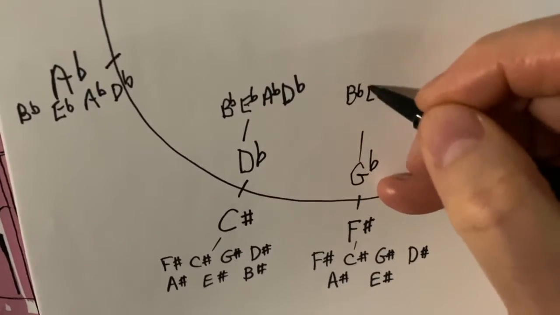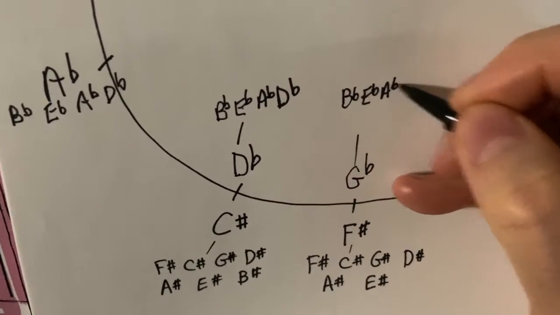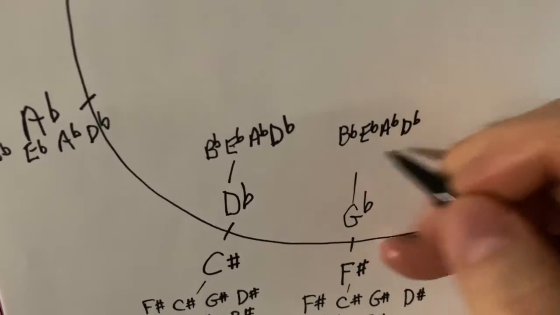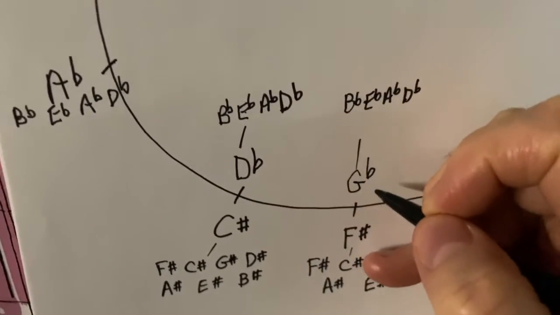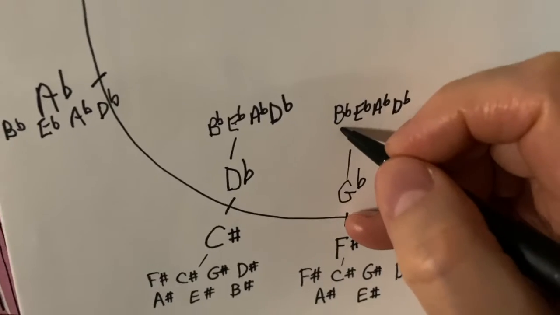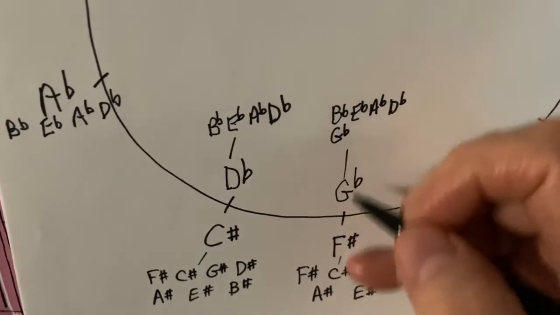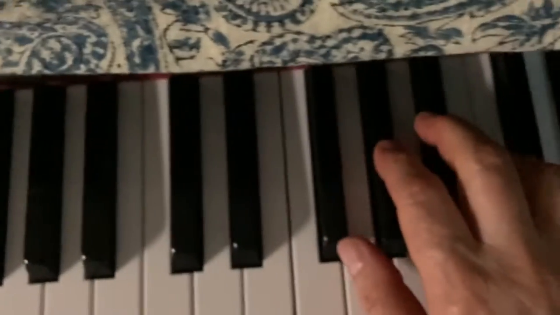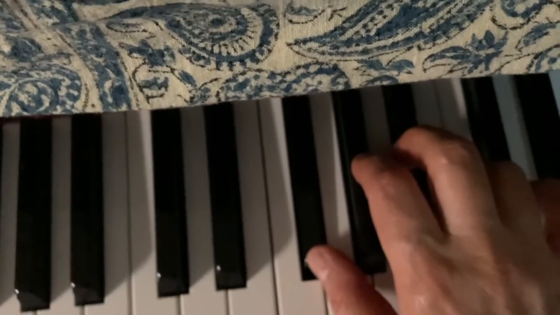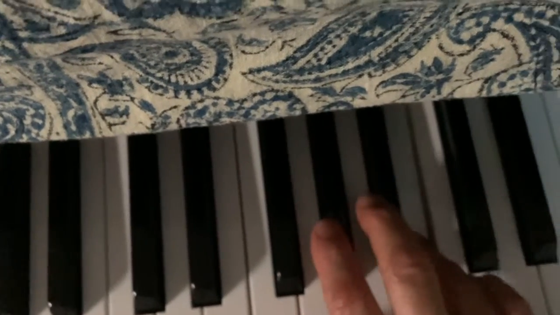B flat, E flat, A flat, D flat, it spells bead, and G flat. Now we have to add one more. A perfect fourth up from G flat, whole step, half step.